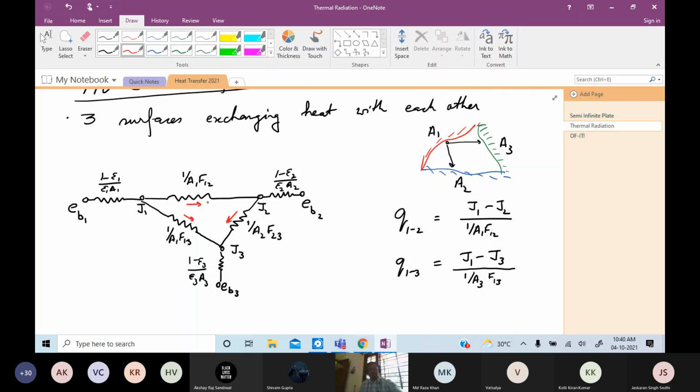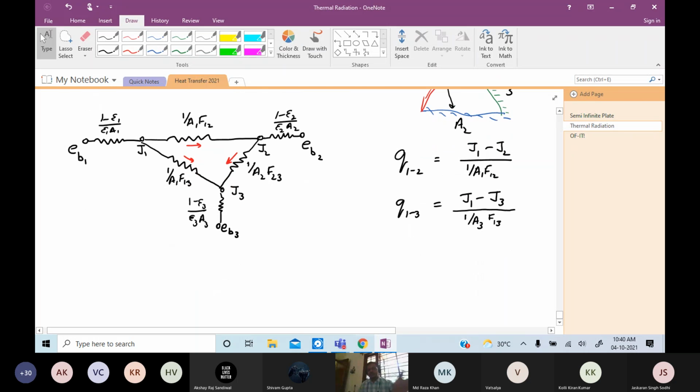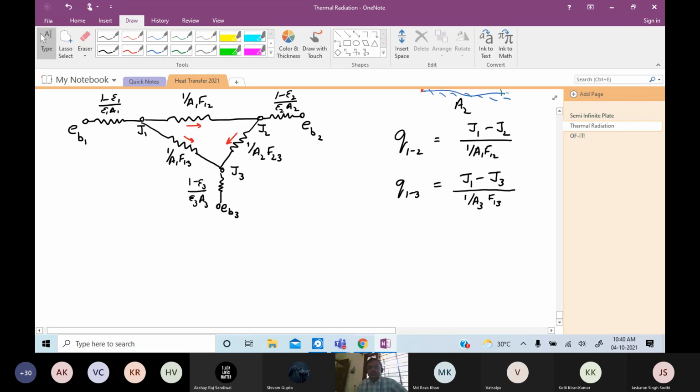Okay. So probably you guys know better. I mean, you have done much more recently, very complex electrical circuits. But if I give this to you, and I say this is Q12, this is Q13, and this is Q23, like I1, I2, I3, would you be able to solve this?